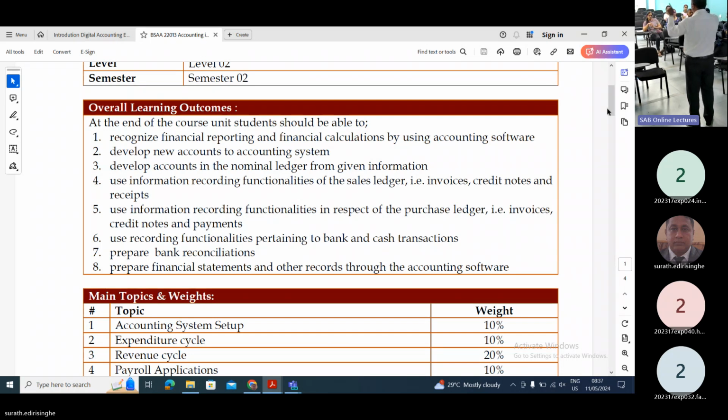Among subsidiary ledgers, we already discussed these three: accounts payable ledger, account receivable ledger, and stock or inventory ledger. Why do company practitioners, the accountants, maintain subsidiary ledgers? What's the purpose? Tell me, online students or physical students, what is the reason?